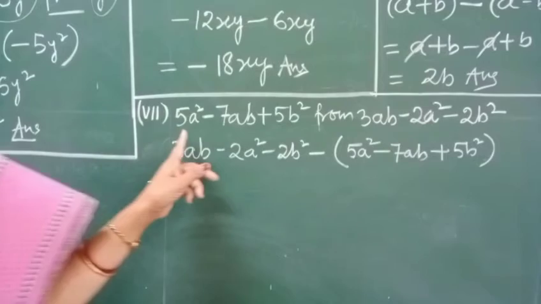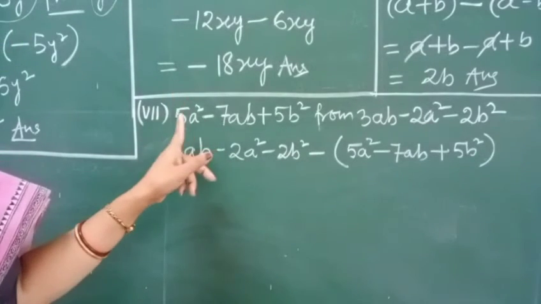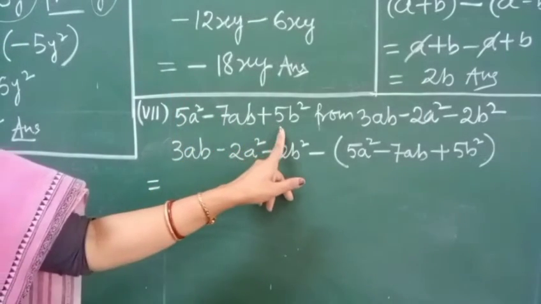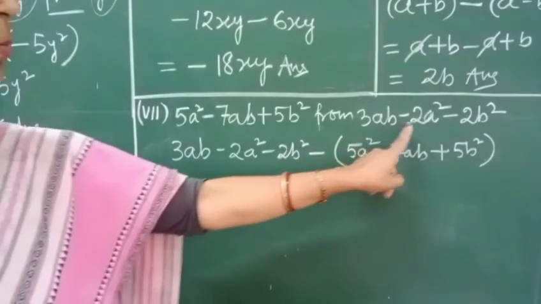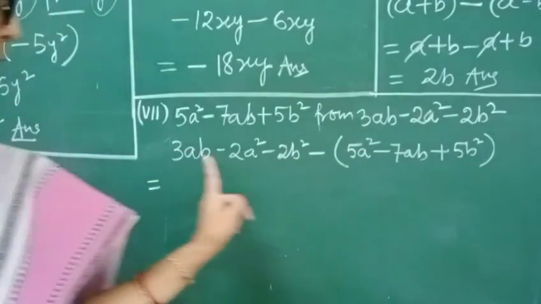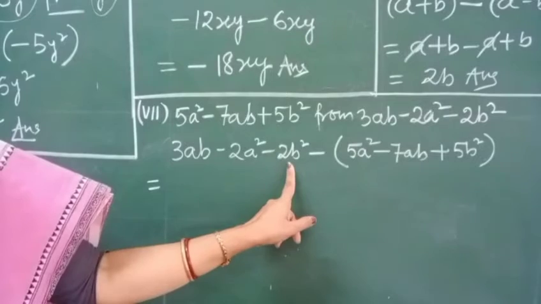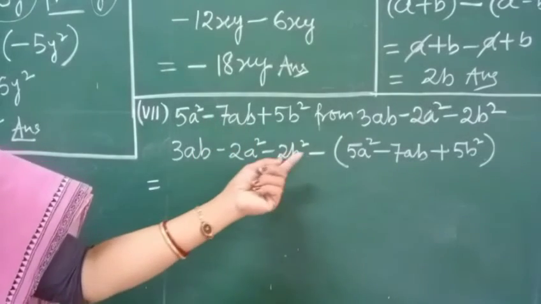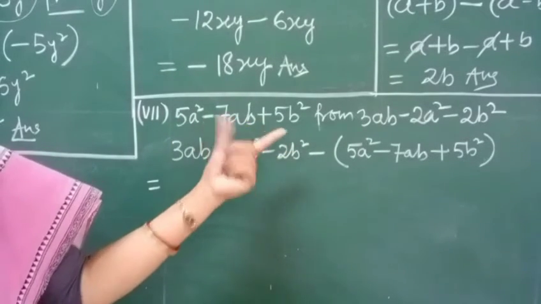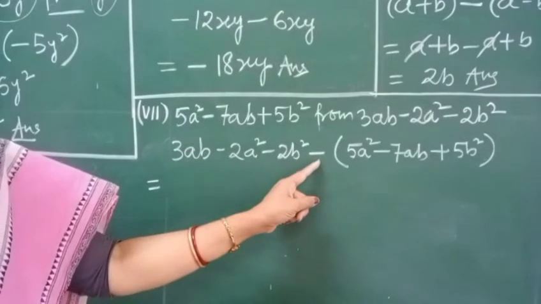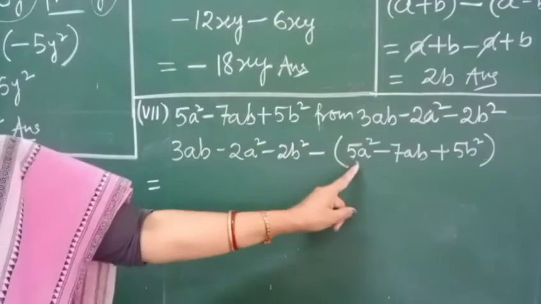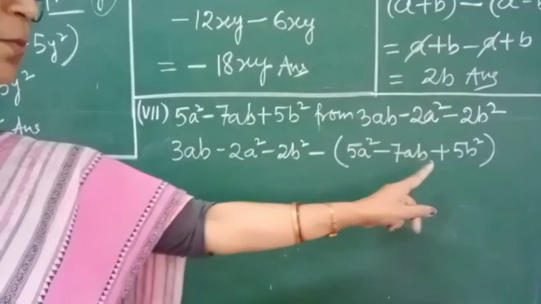Now question number 7. Subtract 5a square minus 7ab plus 5b square from 3ab minus 2a square minus 2b square. We will subtract this trinomial from this trinomial. So minus sign for subtraction, 5a square minus 7ab plus 5b square.